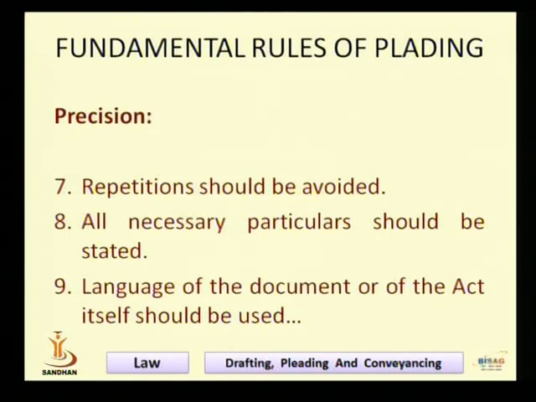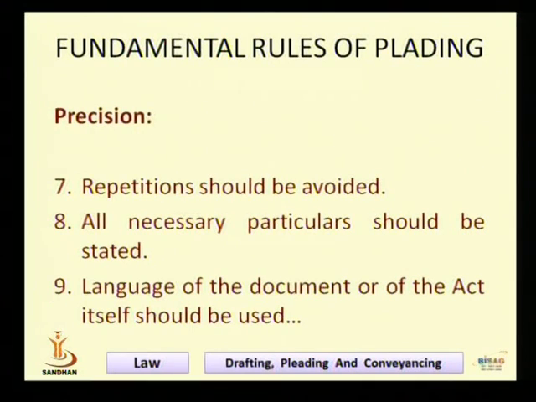All necessary particulars should be stated. If anything is left out, it will adversely affect the suit. And the last point for precision is the language of the document or of the act itself should be used.